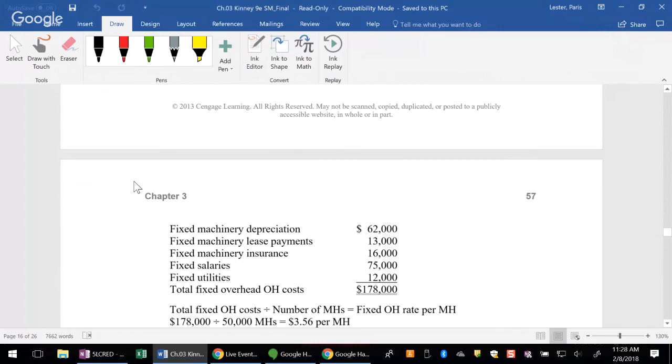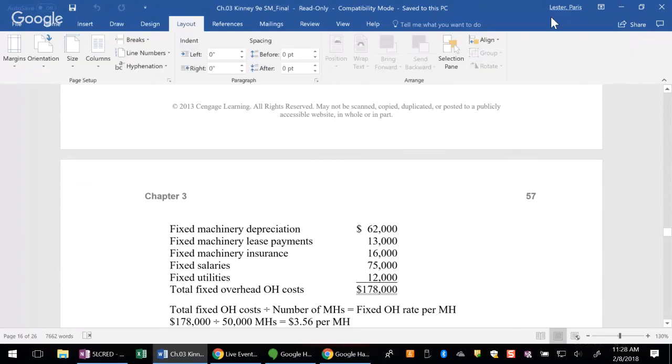Well, what do you debit for actual overhead? You debit the overhead account, variable control or fixed control, and you credit various accounts, whether it be accounts payable or accumulated depreciation or cash or whatever. Now, when you record the applied overhead, you debit what? Work in process. And credit? Overhead control.